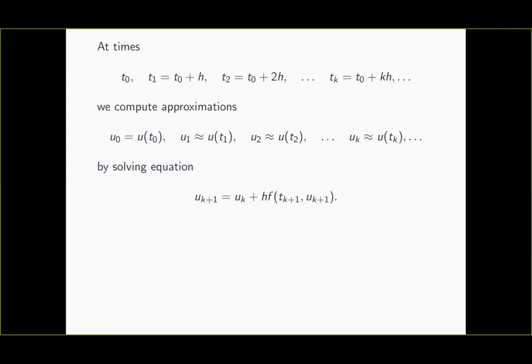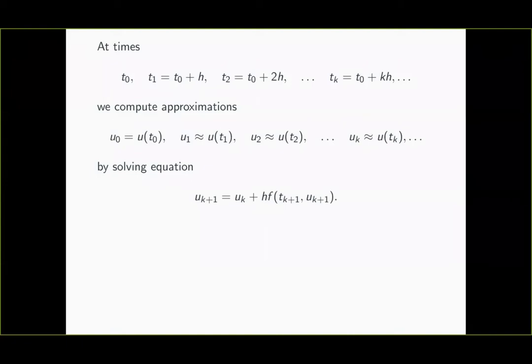Each of those approximations is obtained as follows. Namely, suppose that I already have the approximation uk corresponding to the time step tk, then I get the approximation uk plus 1 corresponding to the time step tk plus 1 by solving the equation uk plus 1 equals uk plus h times f of tk plus 1, uk plus 1.